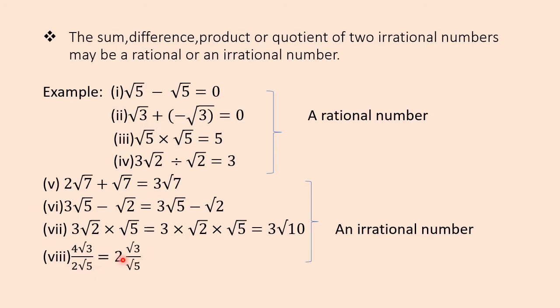So you are getting the quotient as 2 root 3 upon root 5. It is an irrational number. So it is clear that the sum, difference, product or quotient of two irrational numbers may be a rational number or an irrational number.